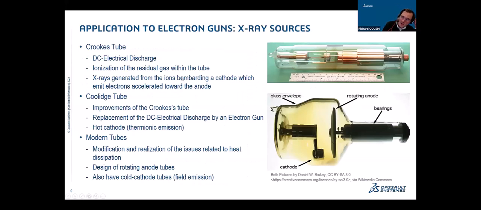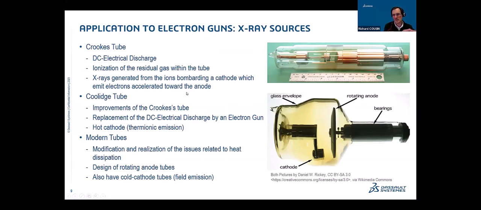Another application of passive components are the X-ray tubes. In the beginning, as I said, near the end of the 19th century, early in the 20th century, you had the development of the Crookes tube. The Crookes tubes are defined by a DC electrical discharge, where you have an ionization of the residual gas within the tube.